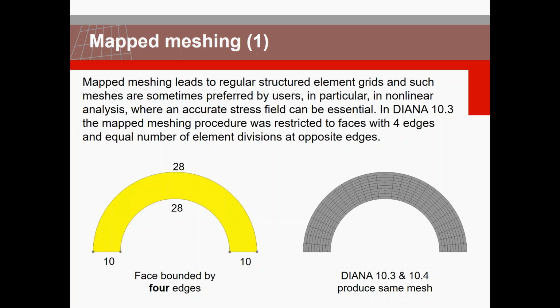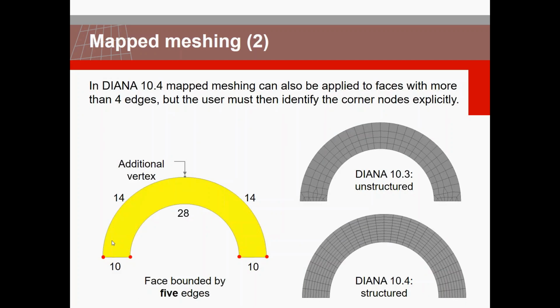In earlier versions, we had this map mesh based on 4 edges. So your geometry somehow should be bounded by 4 edges, and 2 by 2 they should always correlate with each other. However, in the new version, this restriction has been removed, and you can use the map mesh when your model consists of more than 4 edges.